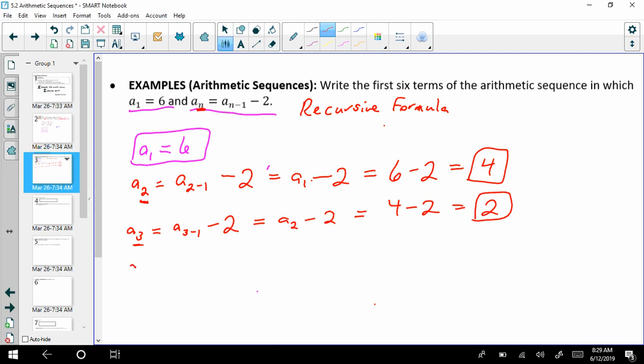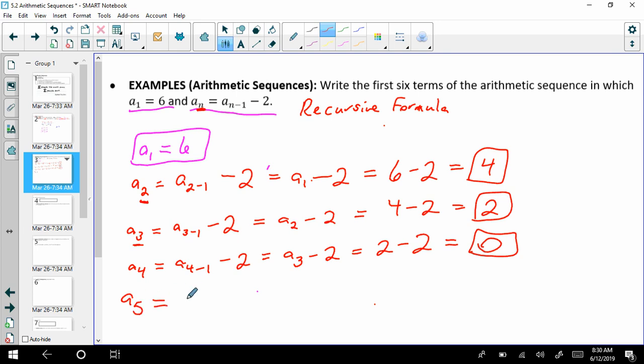So then a sub 4, I'm going to use my previous answer. So it becomes 2 minus 2. At this point, if you can spot the pattern, it would probably be easiest just to finish listing them. Notice it was 6, 4, 2, 0. They're going down by 2 each time. So a sub 5 should be negative 2, and a sub 6 should be negative 4.